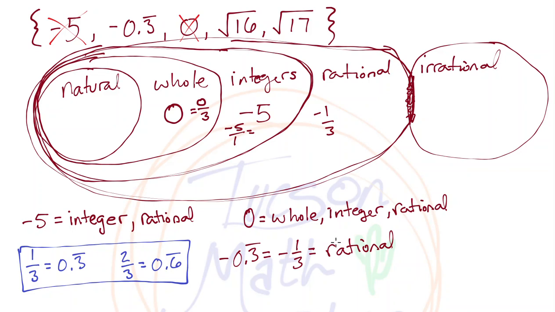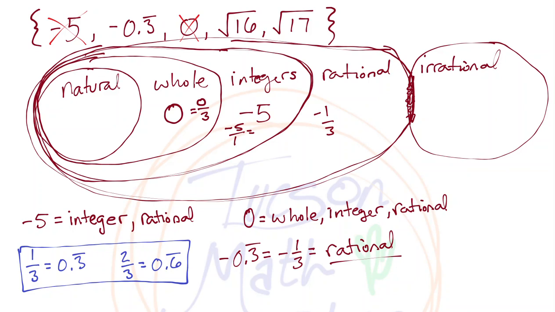So an integer is a whole number. We like to say it's a whole number that's either positive or negative or 0. It cannot be a fraction with a denominator different than 1. So there's our only classification for negative 1/3: rational number. It's only in the rational number circle.